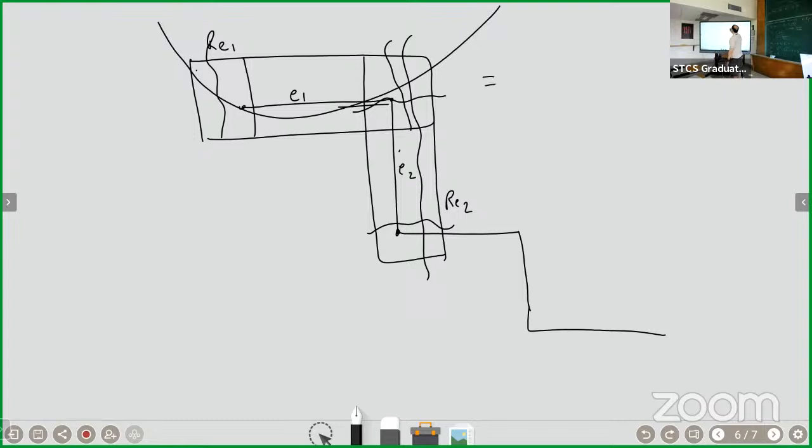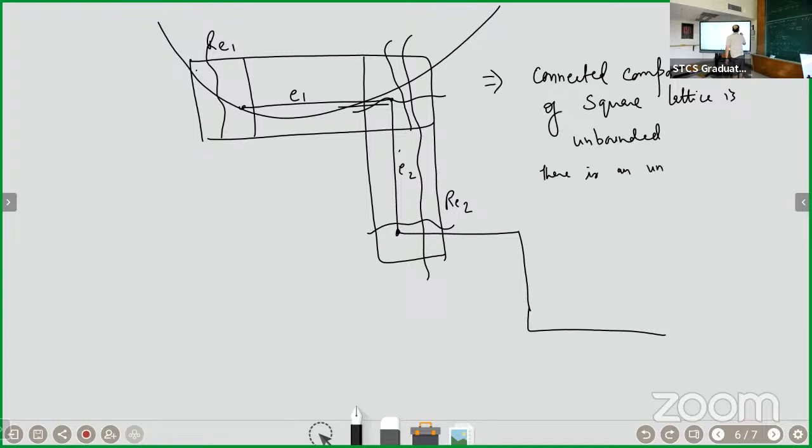So essentially, what is implied is that if the connected component of the square lattice is percolating, there is an unbounded connected component of the Gilbert disk model intersecting the square lattice.